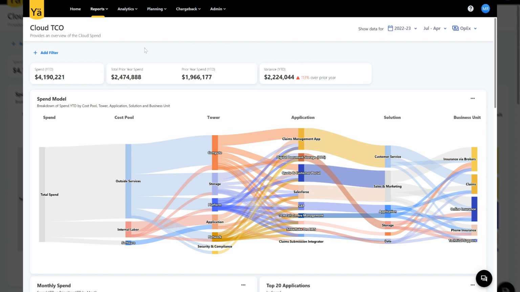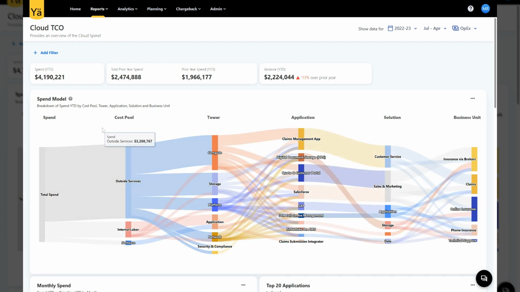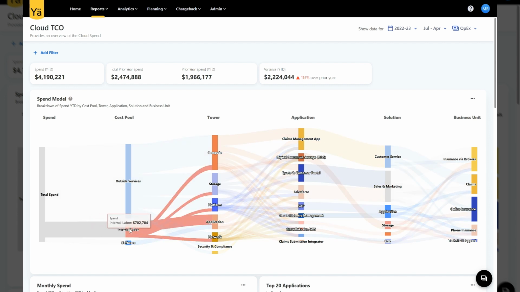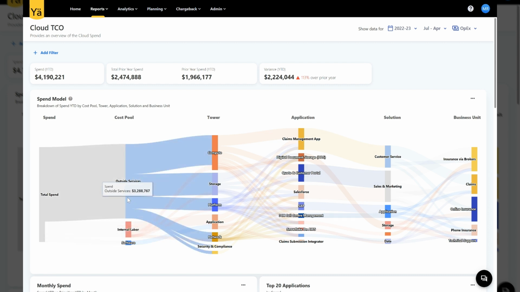So we're just looking at cloud costs here right now, but it's actually cloud cost plus additional costs that you incur for operating in the cloud. So we have some internal labor in here that could be your cost, your FinOps team, or it could be your cloud center of excellence team, and some licensing costs of additional software that you're using where you're not getting invoiced through the AWS marketplace.